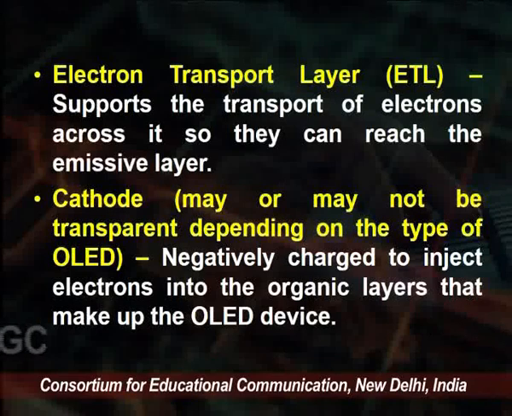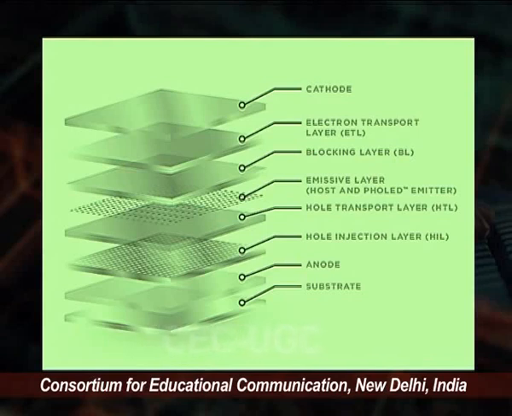You see on the screen that this is the structure of the OLED, where on the top we have a cathode, at the bottom we have a substrate, and on it there is an anode. In between we have various layers. The upper layer is the electron transport layer, which is near the cathode, and the lower layer above the anode is the hole injection layer.